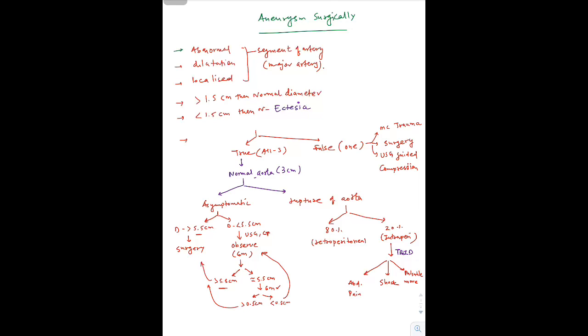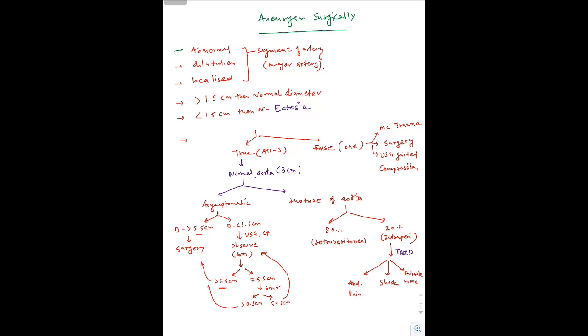So this is the triad for intraperitoneal aortic aneurysm rupture. So guys, we saw the basic peek at how we will move forward, or how we will say that this is intraperitoneal or this is retroperitoneal rupture of aortic aneurysm.